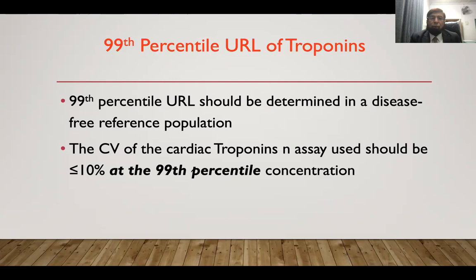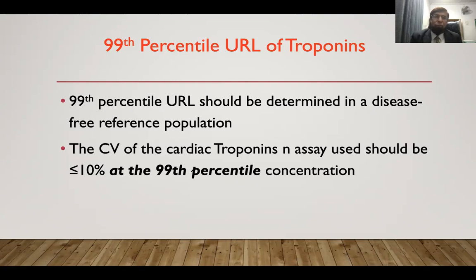Another term very commonly used is the 99th upper reference limit, or 99 percentile URL of troponin. Troponins are interpreted with reference to the 99 percentile upper reference limit, and it is determined in the disease-free reference population. In a short while, we will see exactly how it is determined.